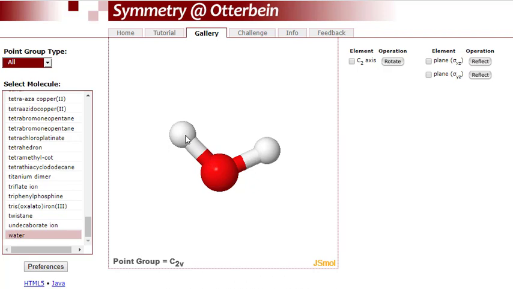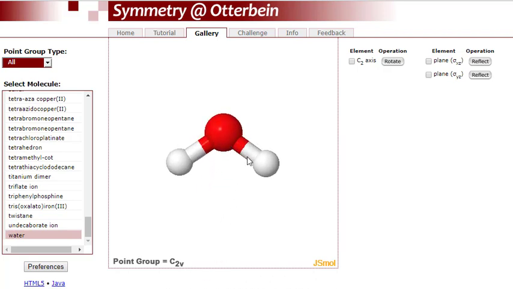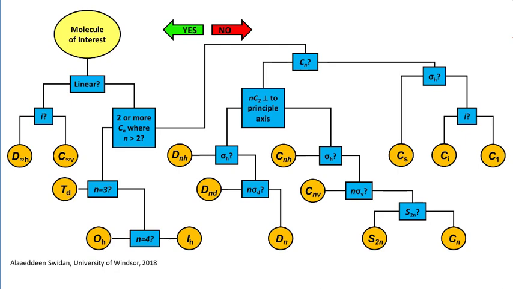So 180 degrees, this hydrogen would go down here, this hydrogen would go to the other side, something like this. And so it's not the same anymore. It's not the same arrangement in space. So let's go back to the point group chart. In this case, it's a no. So we know it's from the C family.